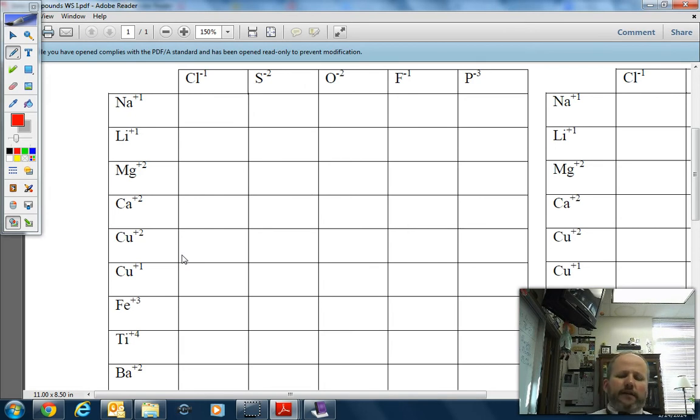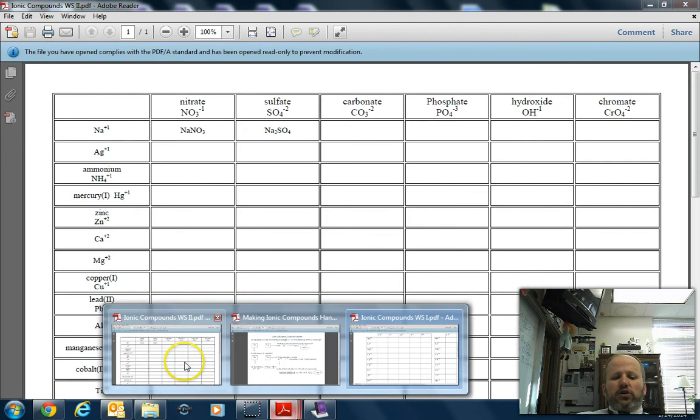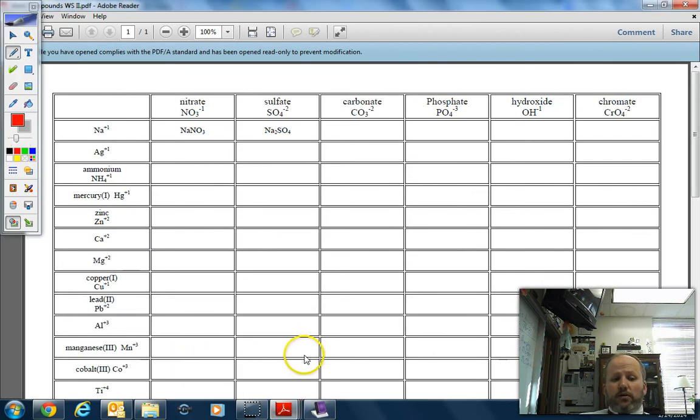So we've already done this. We have done positive and negative, positive metals, negative nonmetals. Well, we have one little thing to add to this. If you look at tonight's homework, you will notice that for the most part, almost everything over here on the left is still a metal.